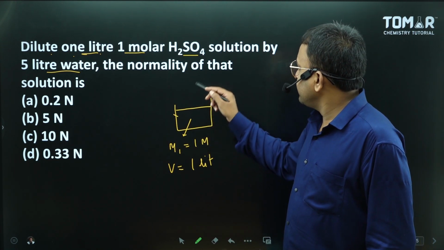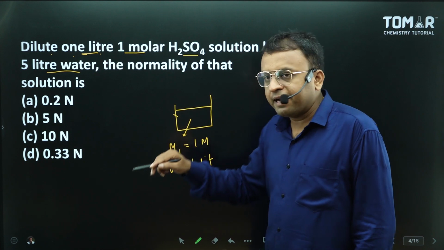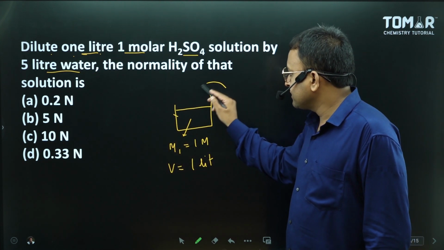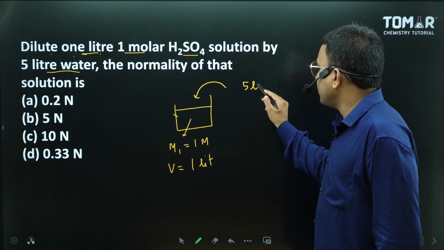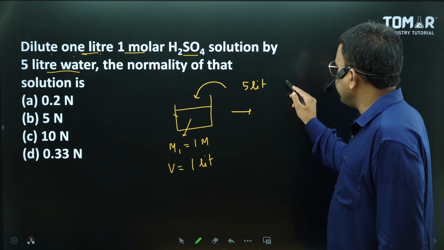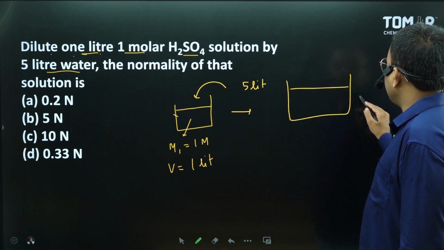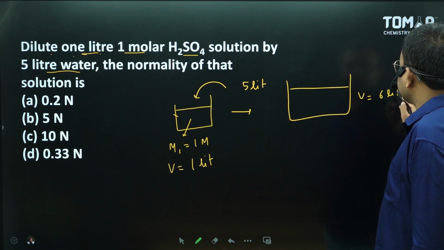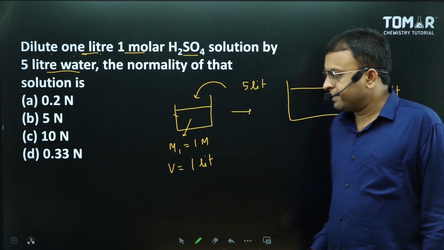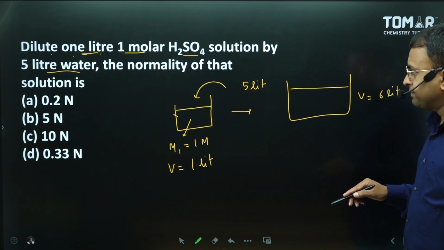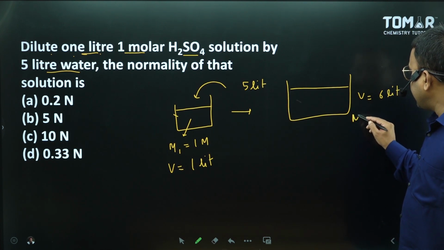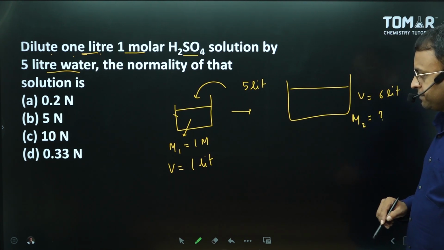The solution is diluted by 5 liter. This means 5 liter of water is added and now the volume becomes 6 liter. What is the molarity of the final solution?